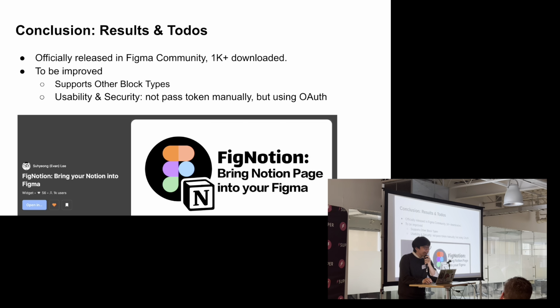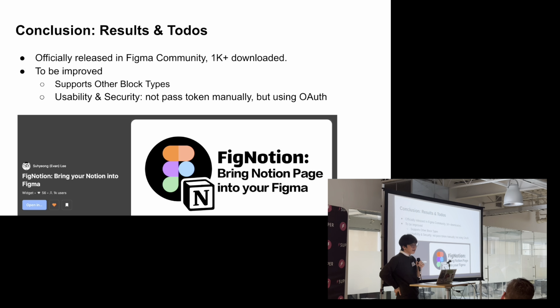So, conclusion. Let's talk about what I've learned with FigNotion and what I plan to improve next. FigNotion was officially released in the Figma community and has since been downloaded over 1,000 times. Several companies in Korea are currently using it.